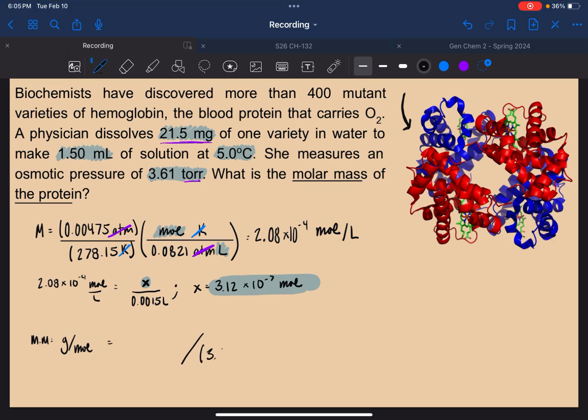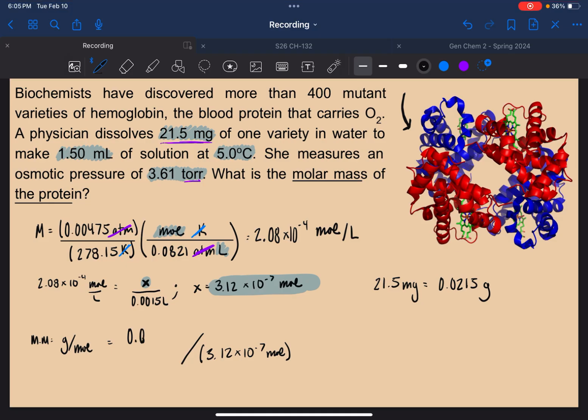It's 3.12 times 10 to the negative 7 moles. I have to get to grams, so you have to do another conversion. We had 2.51 milligrams. There are 1,000 milligrams in a gram. So this will come out to be 0.0215 grams.